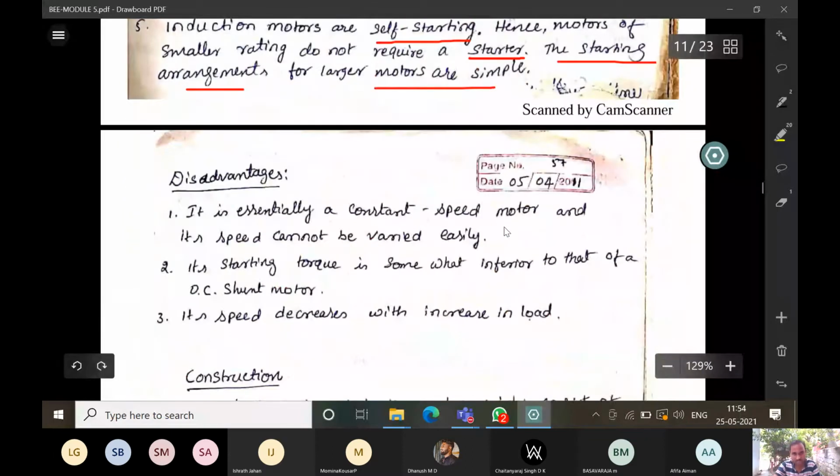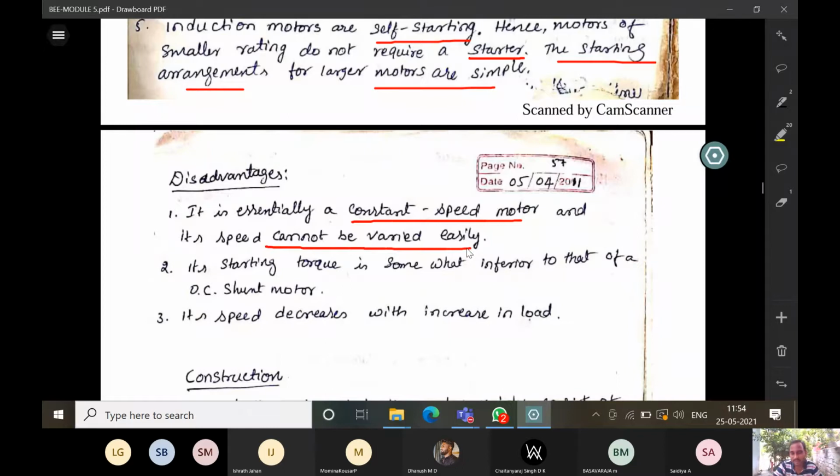It is essentially a constant speed motor. If you want to achieve speed variation, that is also possible to some extent, but its speed cannot be varied easily. Nowadays we can vary the speed by using power electronic devices.